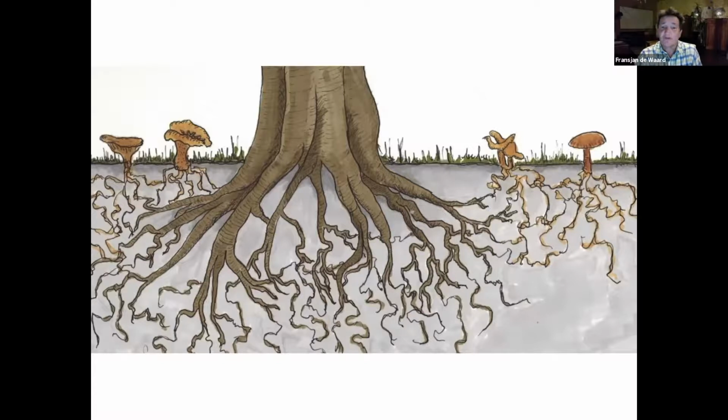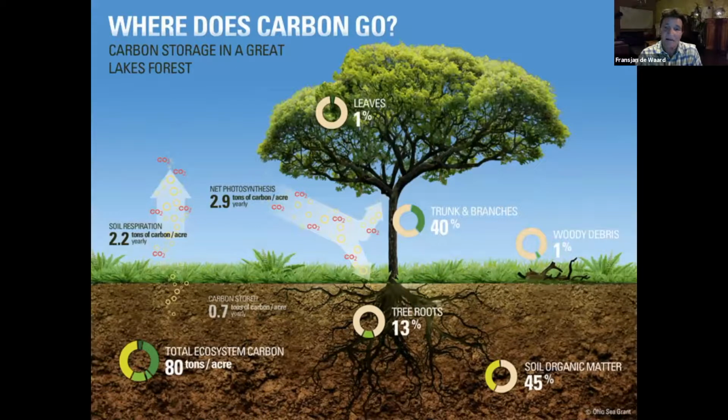But we can also do more in farming itself. Okay, let's look at this a bit for the proportion. If we look in the right corner down, soil organic matter, 45% of it all is where it can be stored. So that is roughly the same kind of amount as we store above ground.